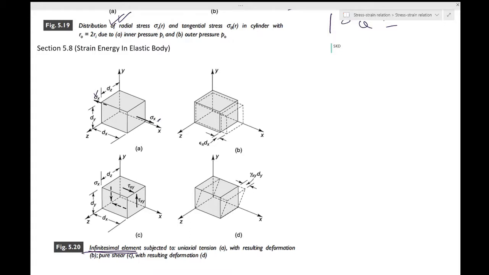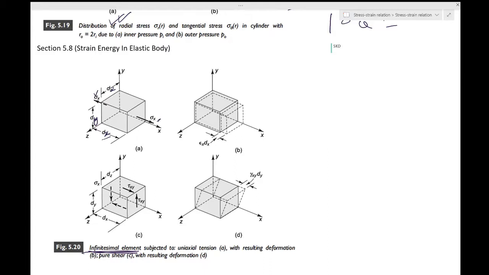I think these symbols are not exactly correct because it's an infinitesimal element. So now the delta x has actually become dx. This has become dy and this has become dz. So I think the z, x and y should not be in the subscript. Please make that correction in your book.